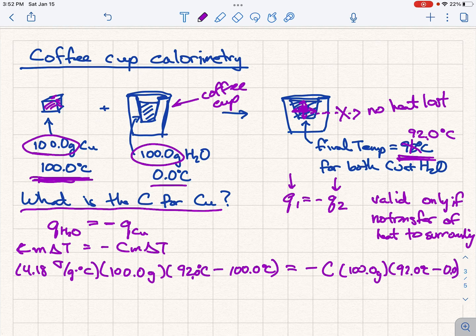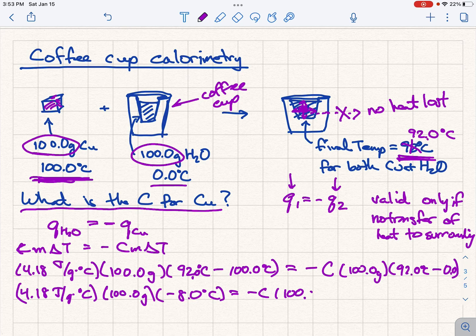So what do we get? Let's see. No, let's do the deltas first. So I'm going to leave all my units, which I know is a mess, but bear with me. Times 100 times, this is going to be negative 8.0 Celsius equals negative C times 100 grams times 92.0 Celsius.